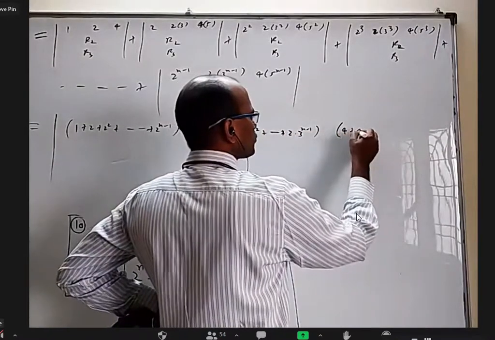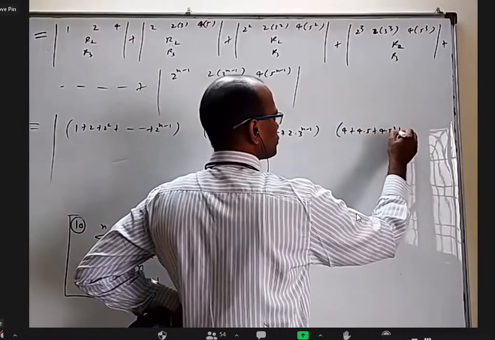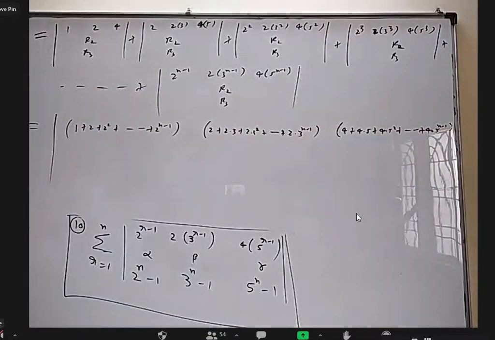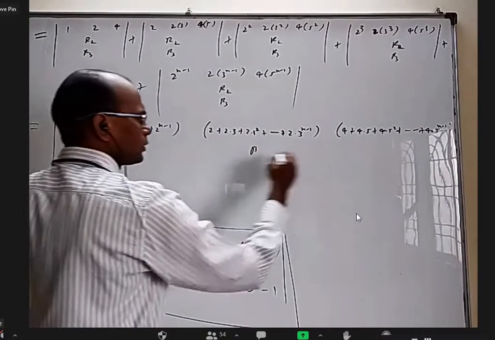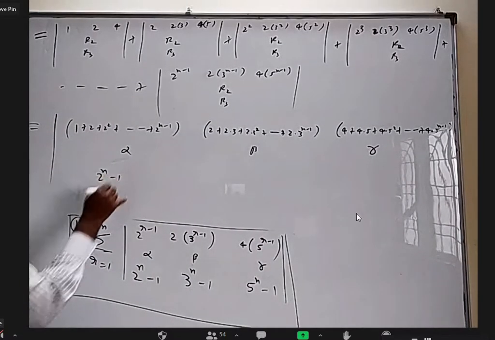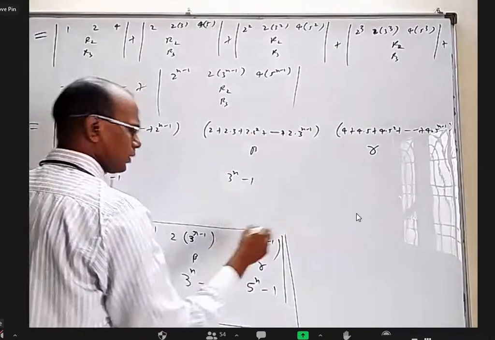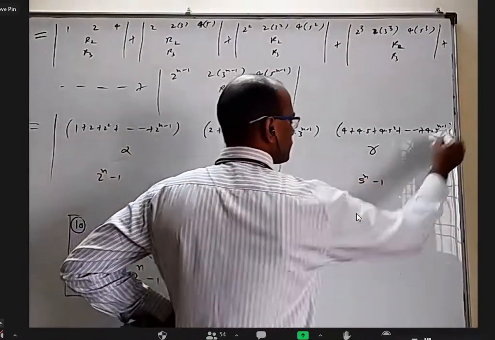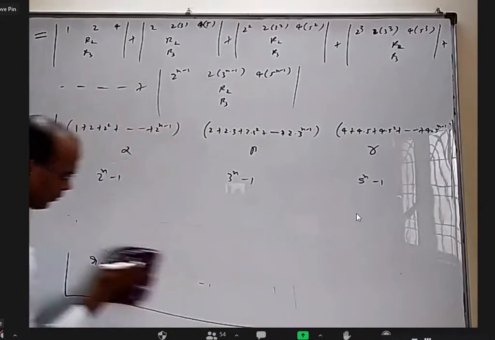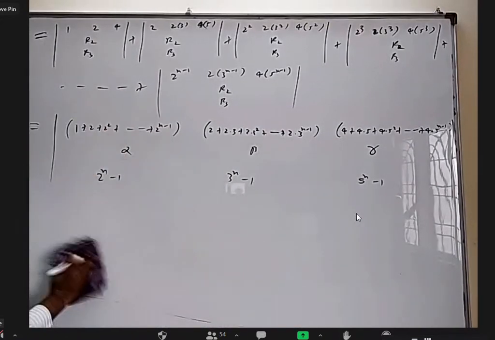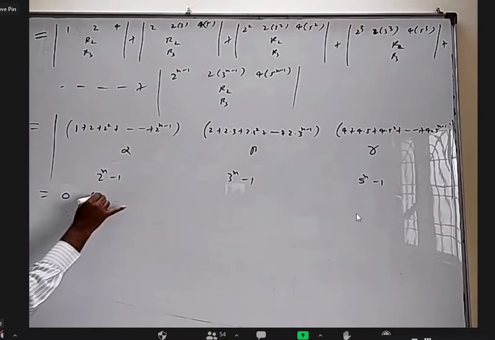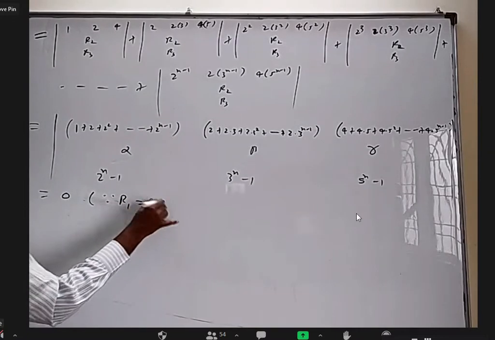Here, 4 plus 4 into 5, 4 into 5 square, up to 4 into 5 power n minus 1. Alpha, beta, and gamma, with 2 power n minus 1, 3 power n minus 1, 5 power n minus 1. Okay, this is 0 since R1 equals R3.